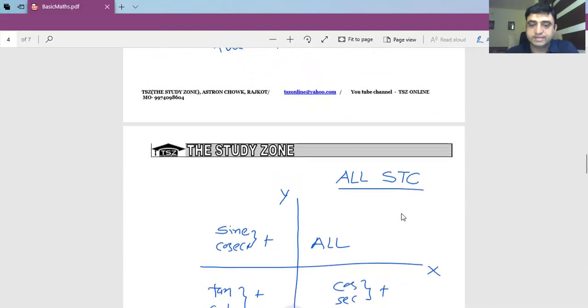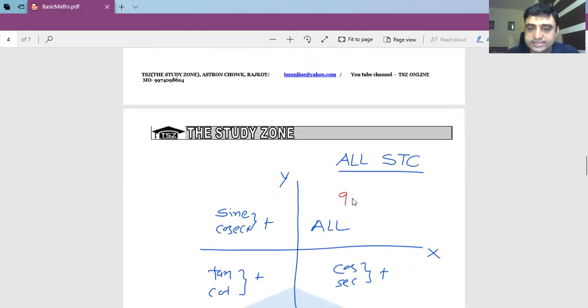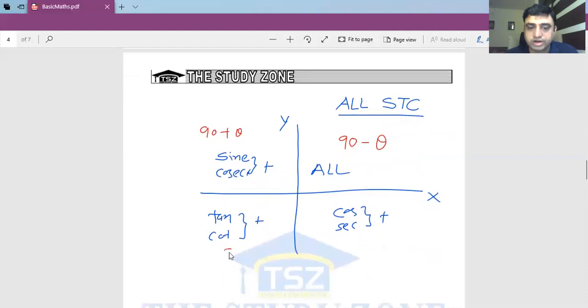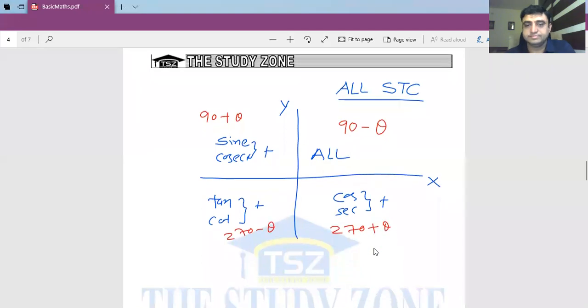Let me write the formula angles again. First quadrant: 90 minus theta. Second quadrant: 90 plus theta. Third quadrant: 270 minus theta. Fourth quadrant: 270 plus theta.